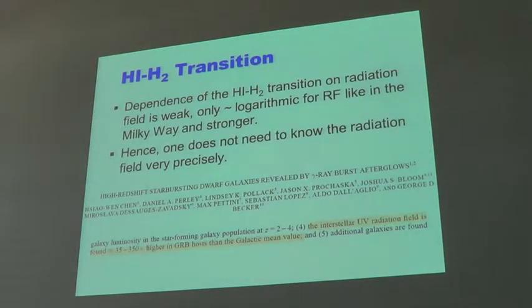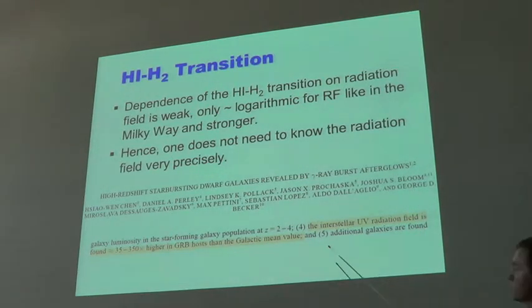And the dependence of this transition on the radiation field is actually weak. Formally, it does depend on your ultraviolet radiation, but it's only logarithmic for galaxies like the Milky Way and galaxies with high star formation and strong radiation fields. So in a sense, we need to know very roughly what the radiation field is.